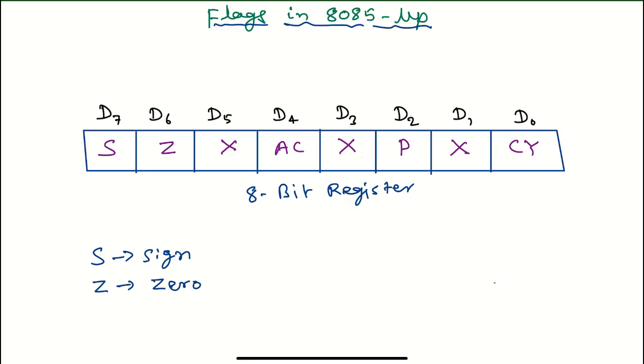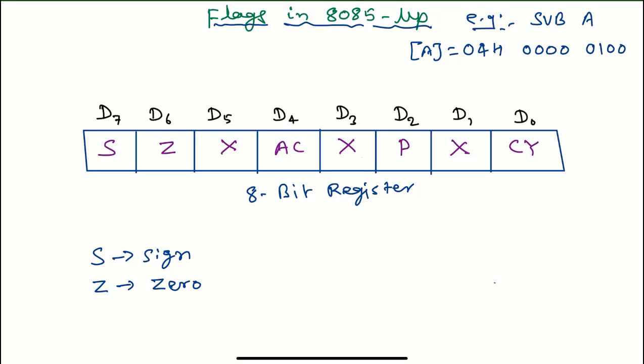For example, let's say we are doing SUB A. What will this instruction perform? It subtracts the content of the accumulator from the accumulator itself. So if the accumulator has, let's say, 04H, we can show it as 0000 0100.